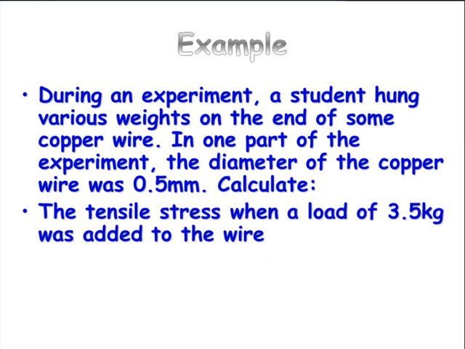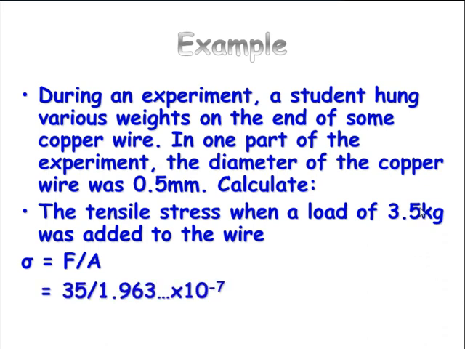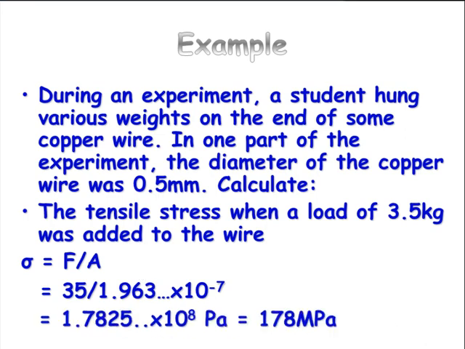Now calculate the tensile stress. Putting 3.5 kilograms onto that, the formula is sigma equals F over A. We've got to convert to newtons, so multiply by 10 to get 35 newtons, divided by the cross-sectional area we just calculated. Substituting in, we get 1.78 times 10 to the 8 pascals, or 178 megapascals.